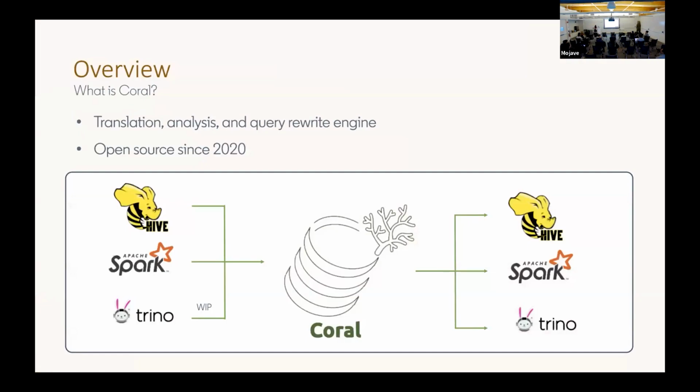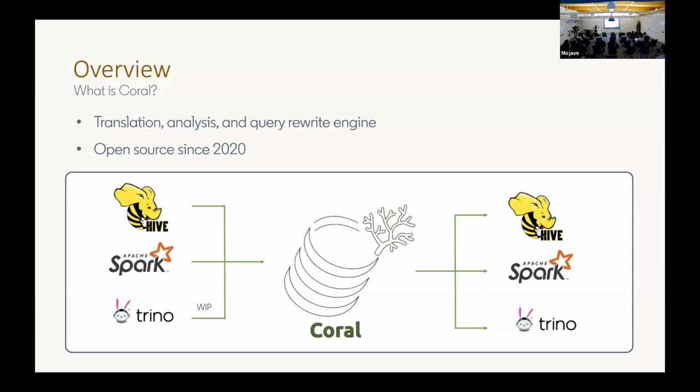Coral is an open source framework for SQL translation, analysis, and rewrite. Coral enables interoperability of the same SQL query across multiple execution engines by enabling conversion of a SQL from one source dialect to a target dialect.